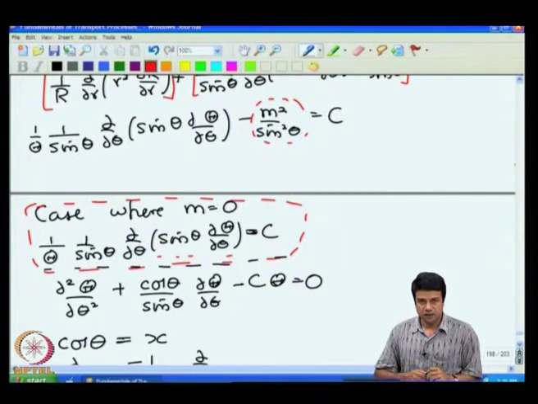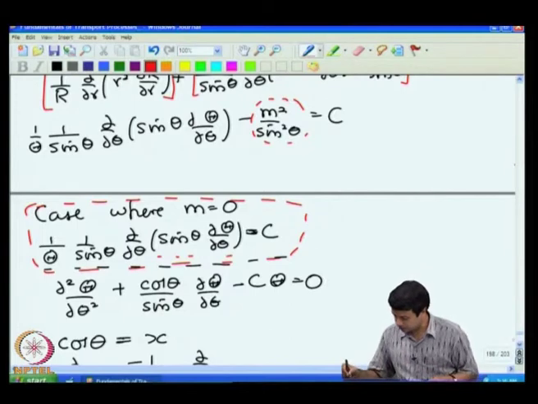I showed you that if we postulate that this term which depends upon theta, that is 1 over sin theta d by d theta of sin theta times partial of capital Theta with respect to theta is equal to some constant, that constant has necessarily got to be equal to minus n into n plus 1, where n is an integer. N has to be necessarily an integer.